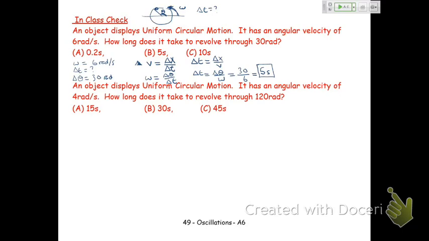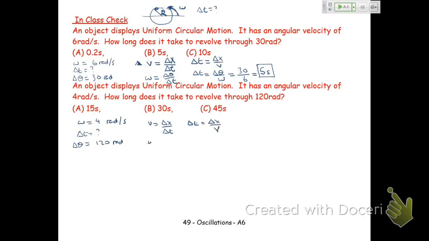An object displays uniform circular motion. Angular velocity, omega, is equal to 4 radians per second. How long does it take, delta t, to revolve through delta theta, so it's a displacement, 120 radians? Let's have a look. v is equal to delta x over delta t, so delta t is equal to delta x over v.